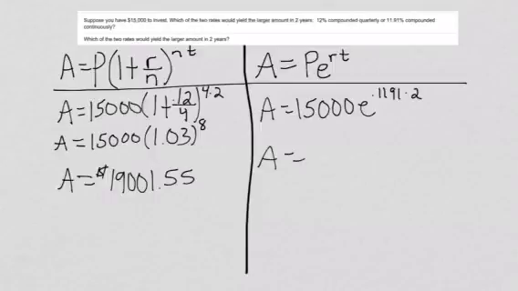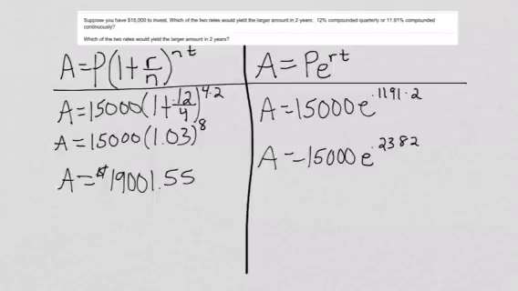So we have 15,000 times e raised to, if you multiply those two numbers together, 0.2382. And now we just need to calculate that out.